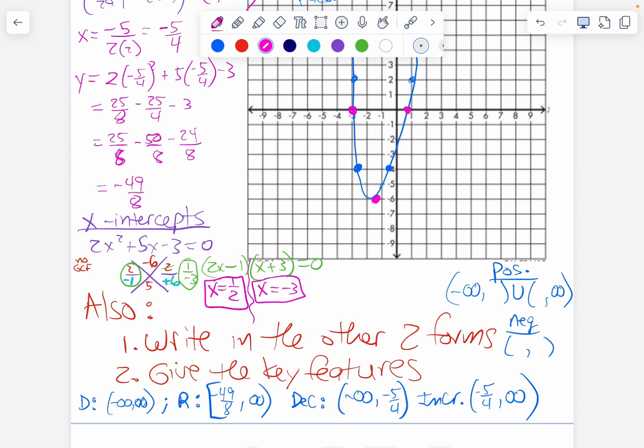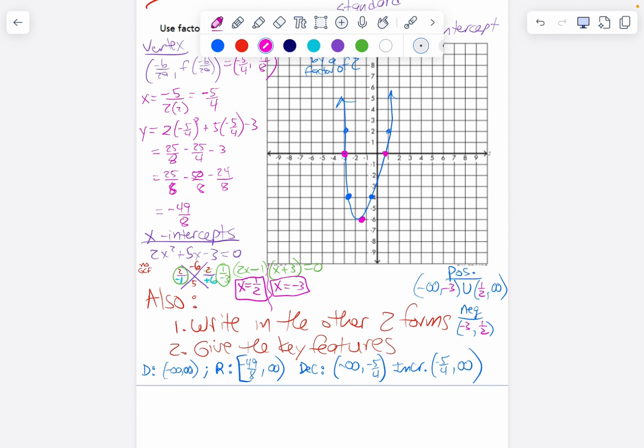It's pretty good, huh? Now we can go fill these in. So we are positive up to -3, and then positive again after 1/2. Now that we have those, plug that in there, and then here it's just those two. In between those two we're negative. So you need x-intercepts for that part.